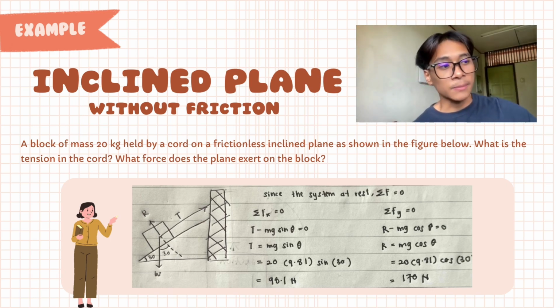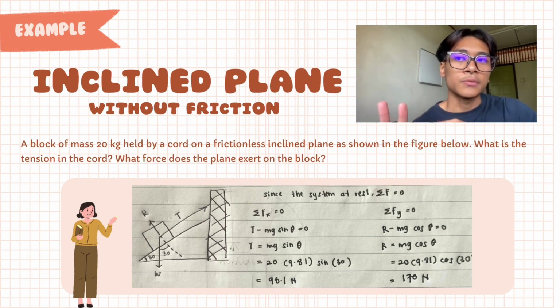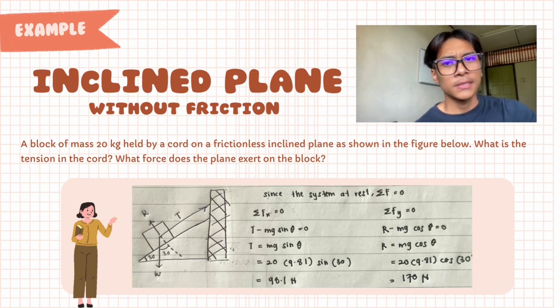As we can see in the figure below, an inclined plane without friction is going to have two forces, which are the normal force and also the gravity force. The gravity force is also known as the weight of the object. So for objects on an inclined plane without friction, the F perpendicular is equal to the normal force, and the F parallel is equal to the net force.